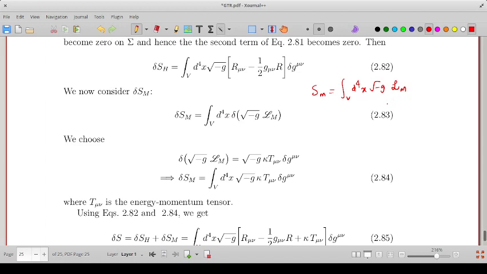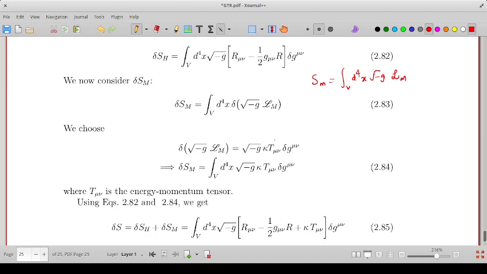Now we need to finally arrive at the Einstein's equation, and therefore we choose the variation in this, that is square root of minus g times L_m, to be exactly equal to square root of minus g times k T mu nu times delta g mu nu, so that delta S_m, when I substitute over there, will simply become integral over V d4x square root of minus g k T mu nu delta g mu nu, where this T mu nu is simply the energy momentum tensor that we discussed earlier.